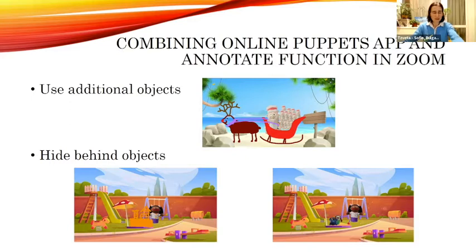And when this little girl destroys the sandcastle, she discovers a dragon puppet and another girl puppet hiding behind the sandcastle. So those are my favorite things, and I've been using it very often when working online with my clients.